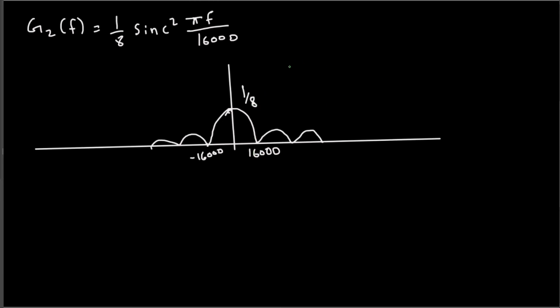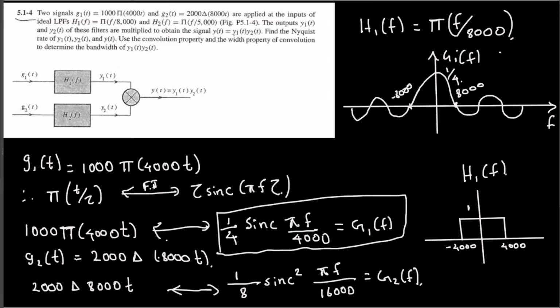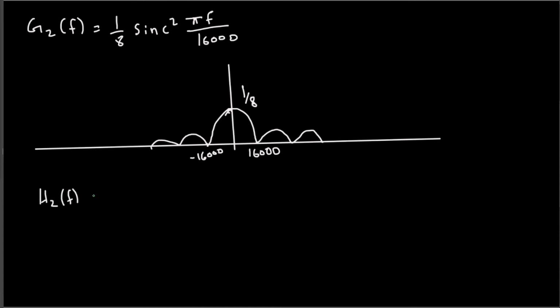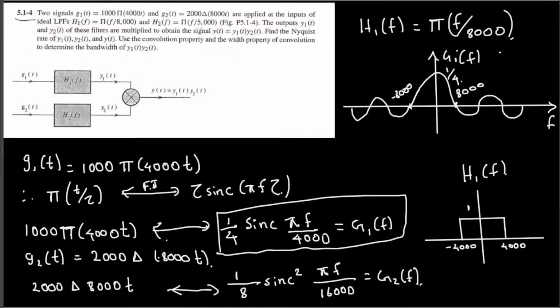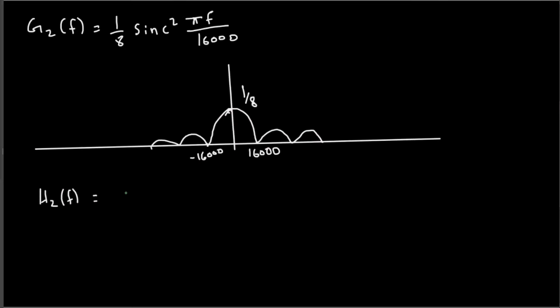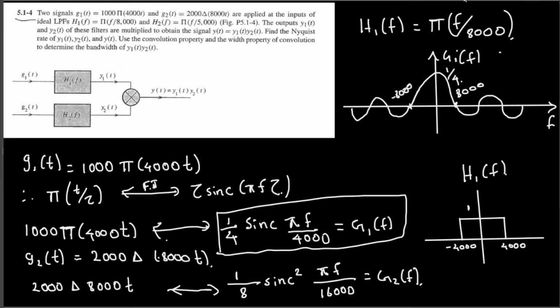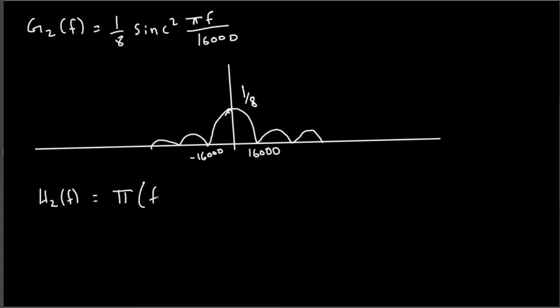Now what we are doing is we are sending a low pass filter that is again a brick with 5000 total bandwidth. Let's write the equation first, that is brick f over 5000, so that shape is going to look like this.